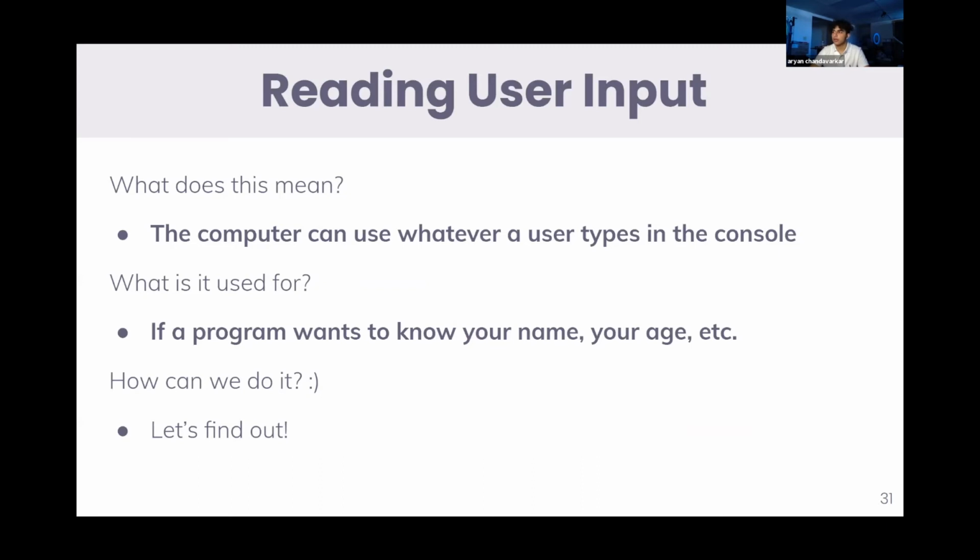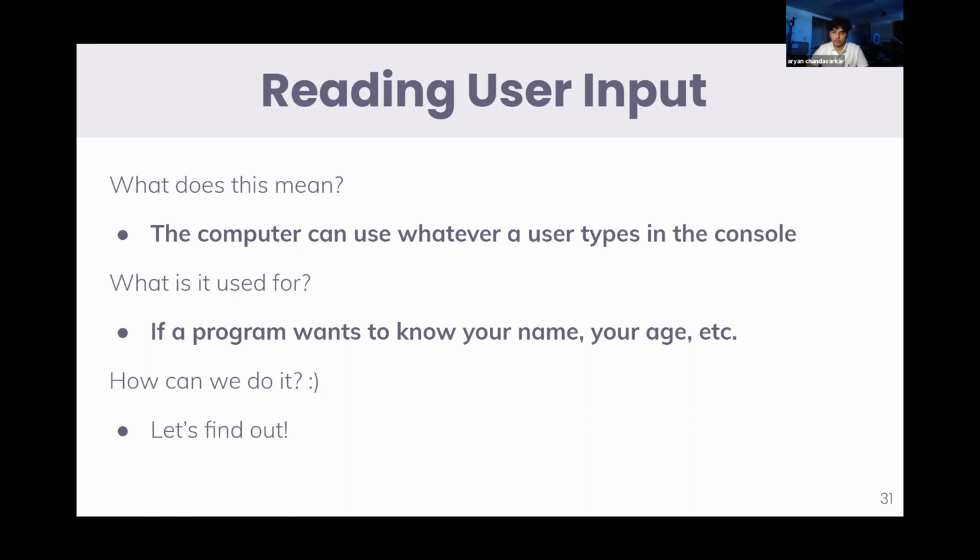But now we're going to start off with our third goal on our agenda, which is to learn how to read user input. This basically means that the computer can use whatever a user types into the console.